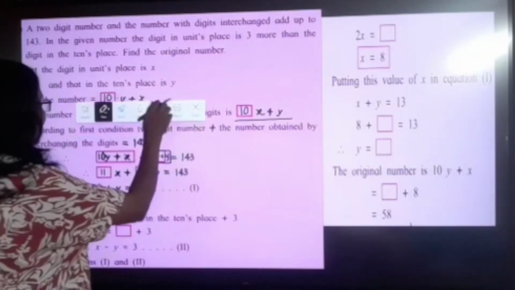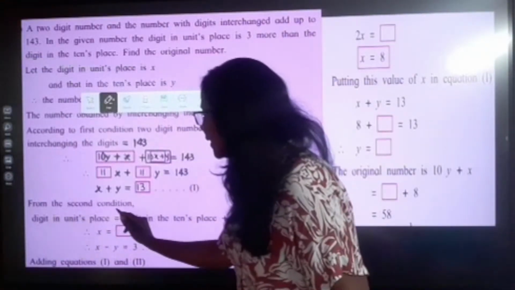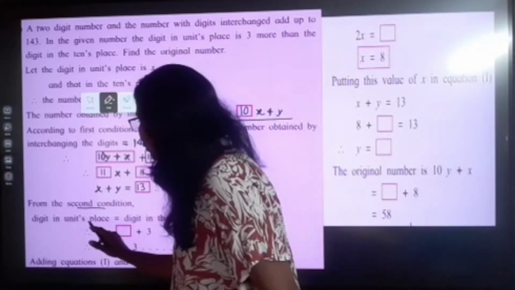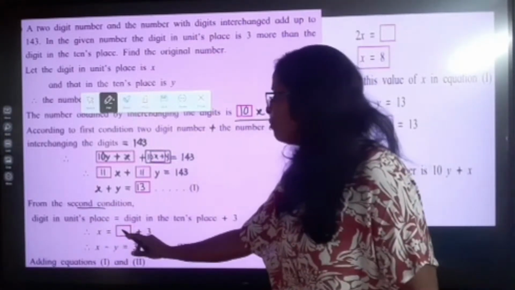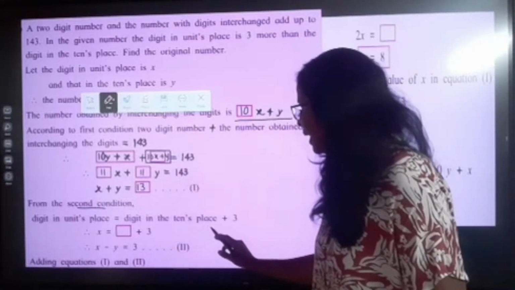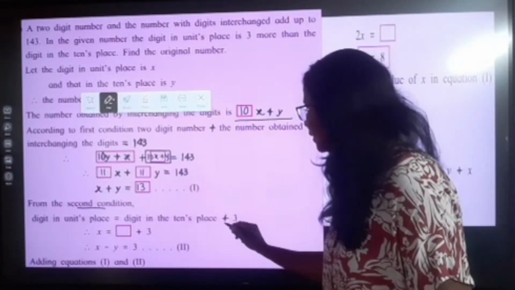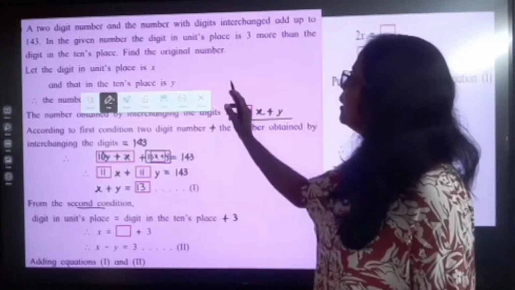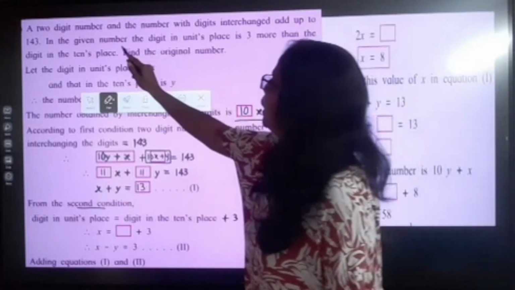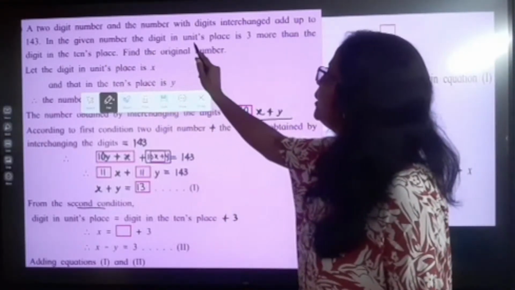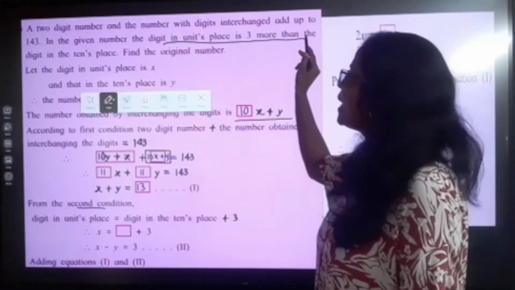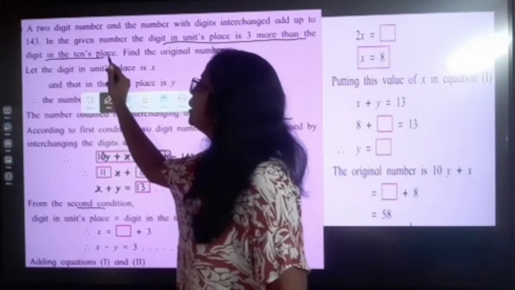Now next one. From the second condition, the digit in unit place is equal to the digit in the tens place plus 3. In the given number, the digit in unit place is 3 more than the digit in the tens place.